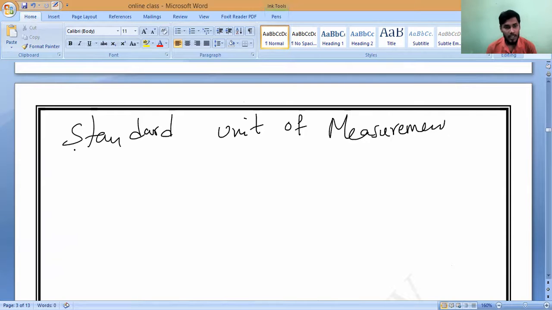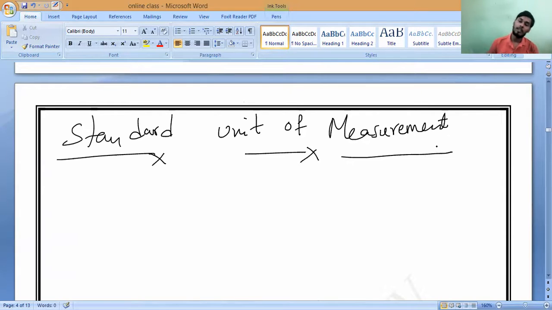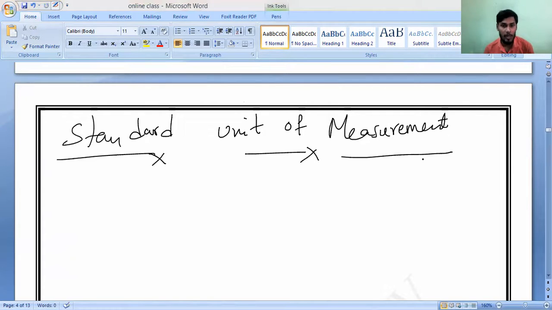So what is the standard unit, Ra? Standard unit of measurement means what? From person to person and place to place, it does not change. Sarvesh, do you understand? Pranav? Standard unit of measurement is one which does not change from place to place as well as person to person.